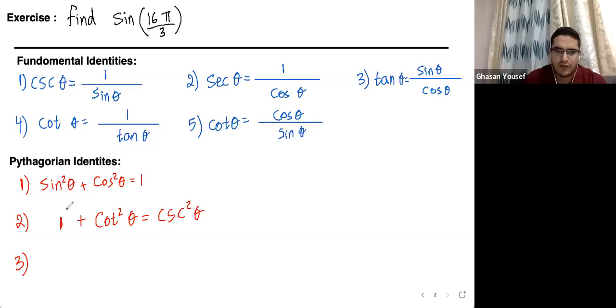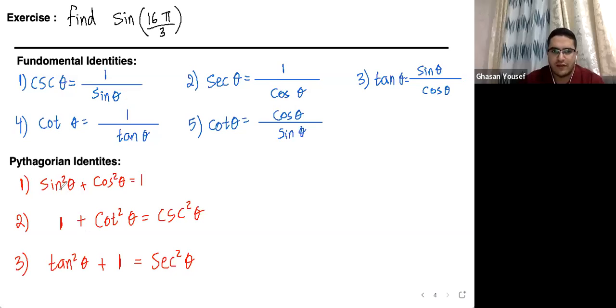And the third one, if you divide everything by cosine square, sine square over cosine square is tan square of theta, plus cosine square over cosine square is 1, and 1 over cosine square is secant square.